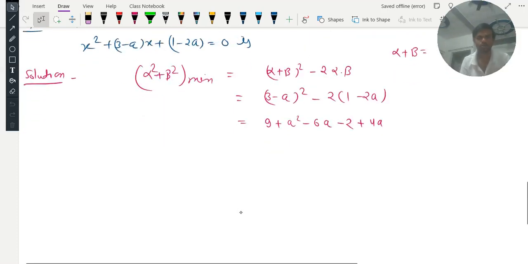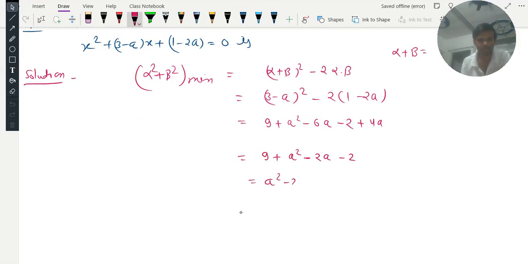So this will become 9 plus a square minus 2a minus 2, which becomes a square minus 2a plus 7. So we have alpha square plus beta square, suppose this is f of a.